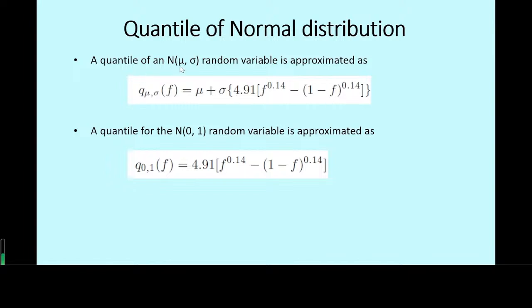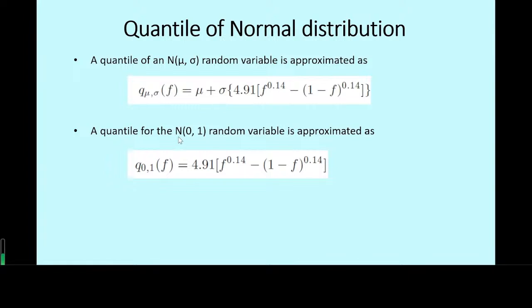Then the quantile of a normal distribution's random variable comes from this formula. So mu and sigma are the mean and standard deviation of this normal distribution. So we just fill in the proportion or the fraction of the data, then we can calculate the quantile random number associated with this normal distribution.